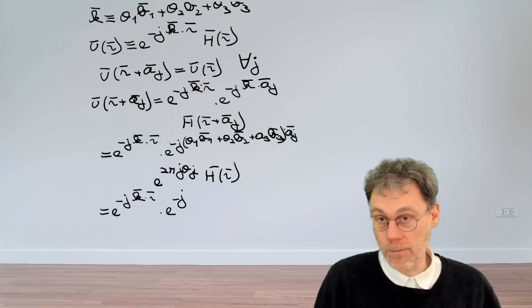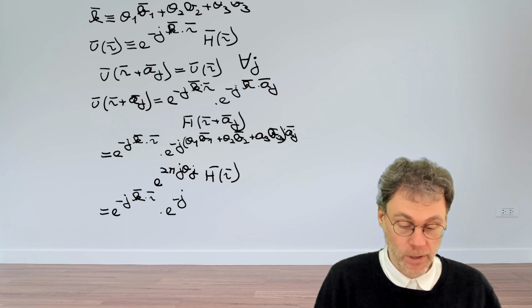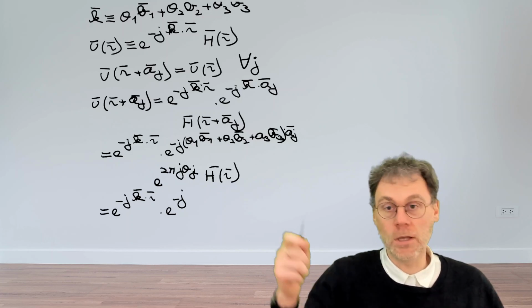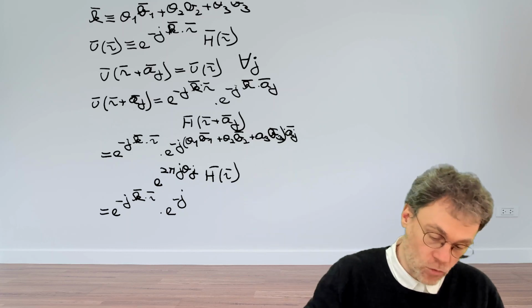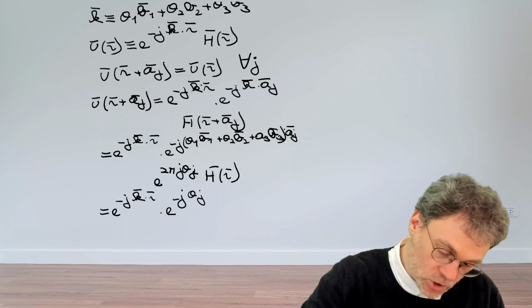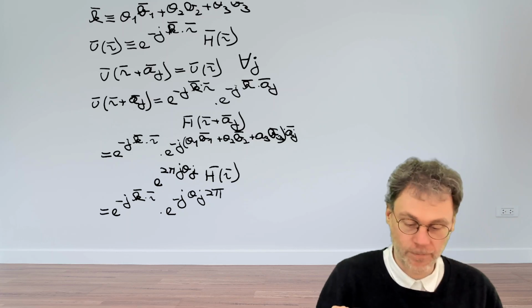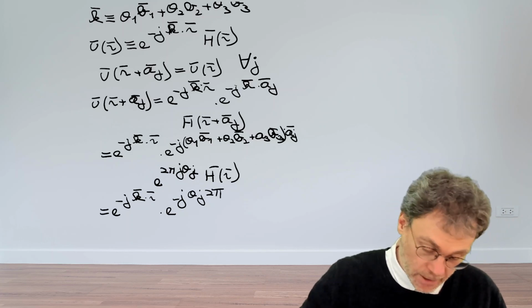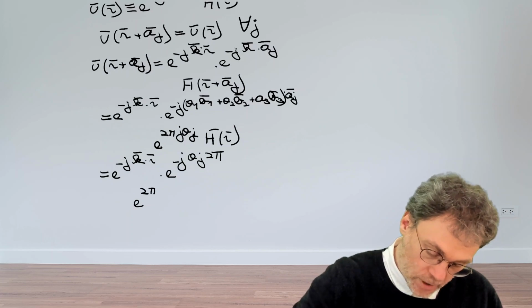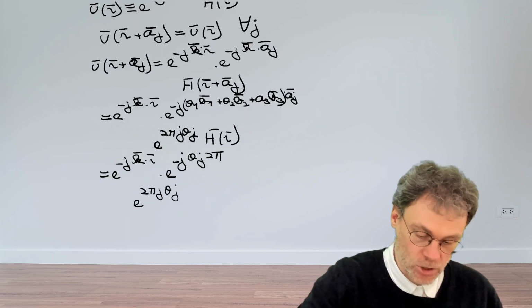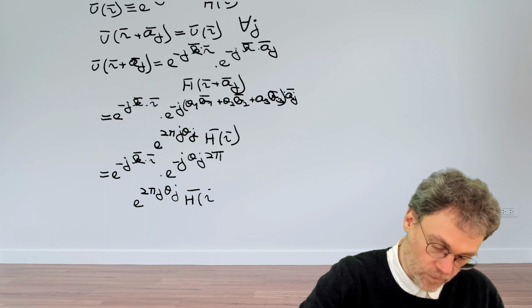And if they're the same, then we actually end up with 2 pi. So the only term that's left here will be a term with index j. So we will have theta_j times 2 pi. And then if we copy and paste this thing again, 2 pi j theta_j H of r.